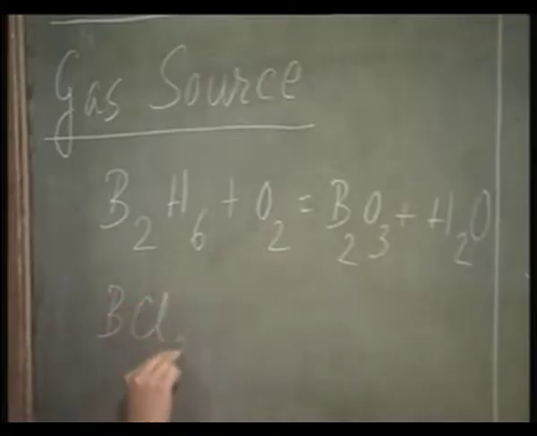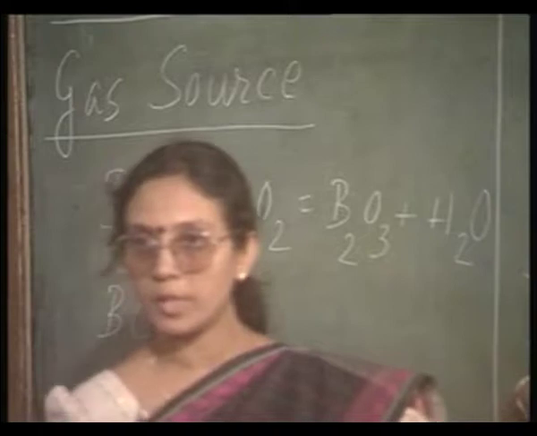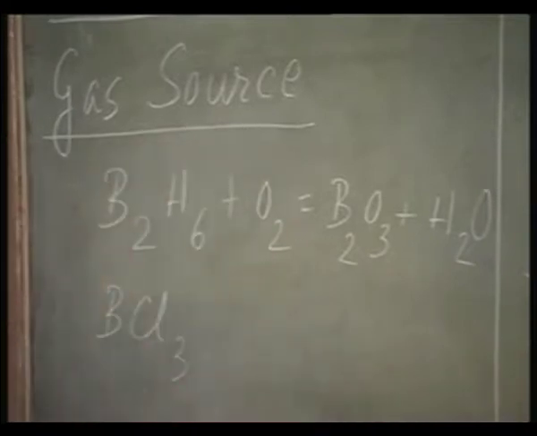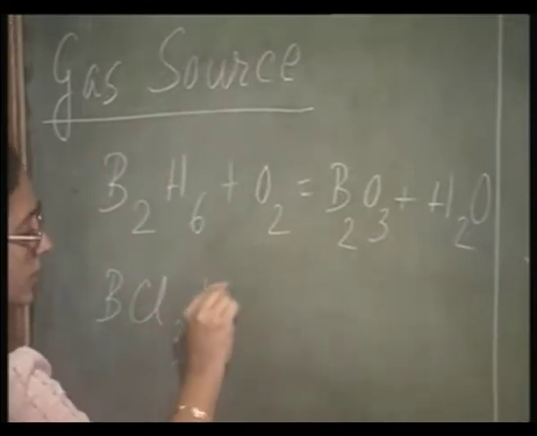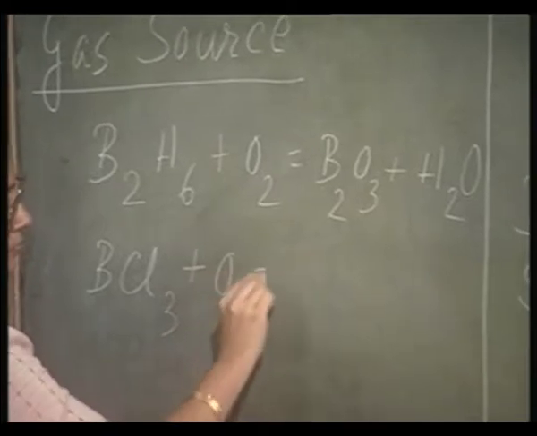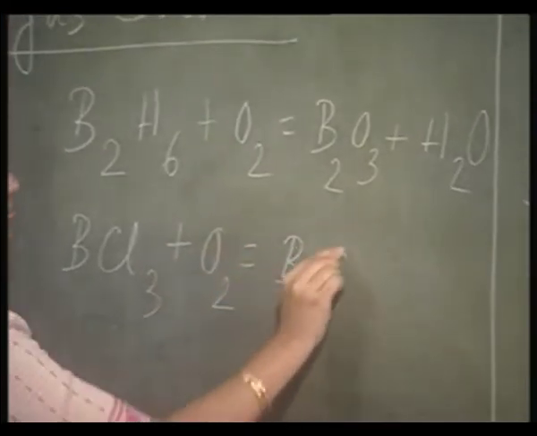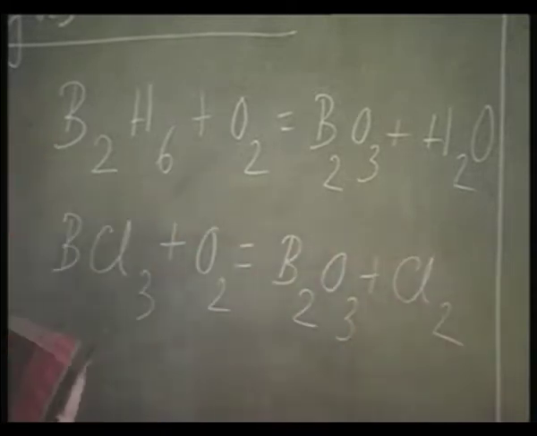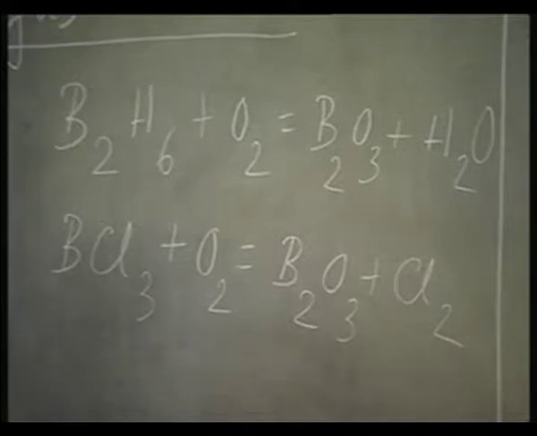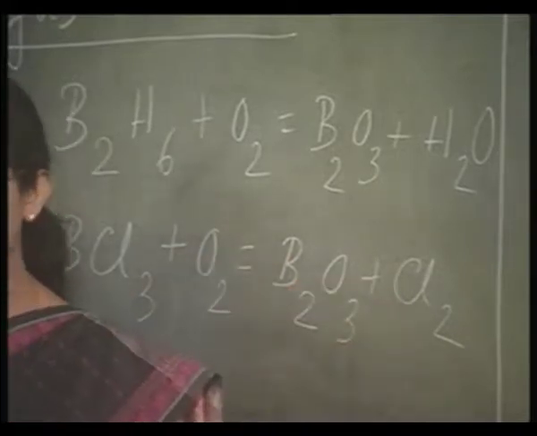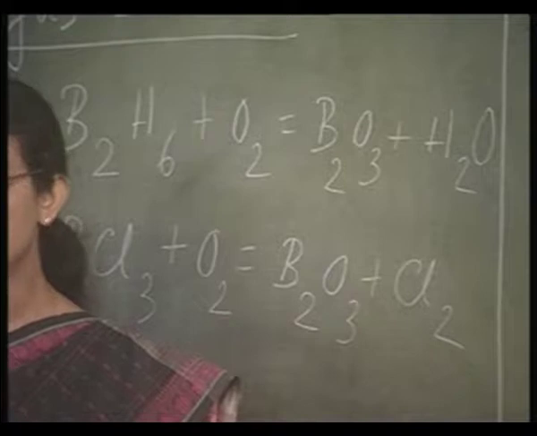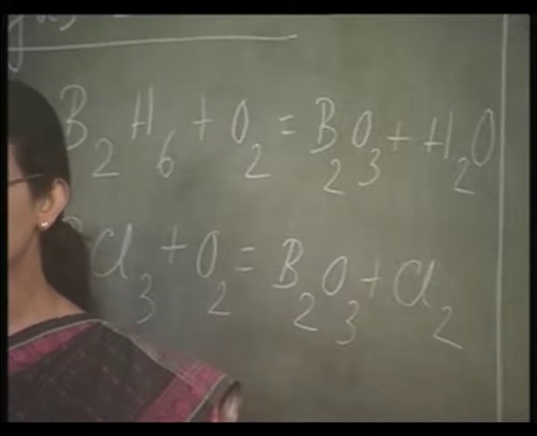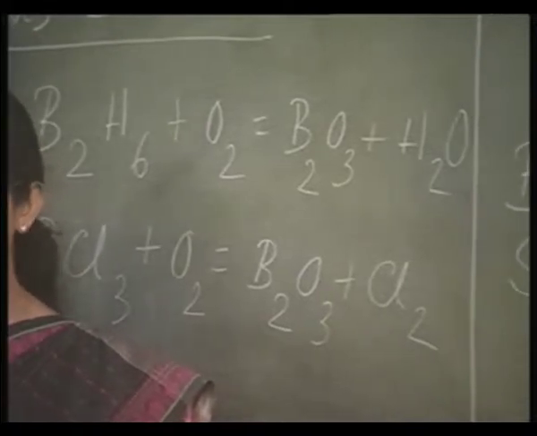Just as you have used boron tribromide, the liquid source, you can use the gaseous source BCl3. But again in this case, remember, you have to have adequate venting because you are releasing chlorine, and you must carefully control the amount of chlorine, otherwise halogen pitting will occur.